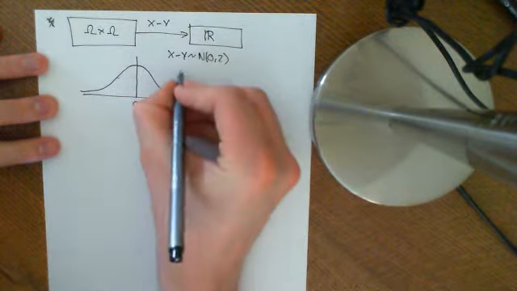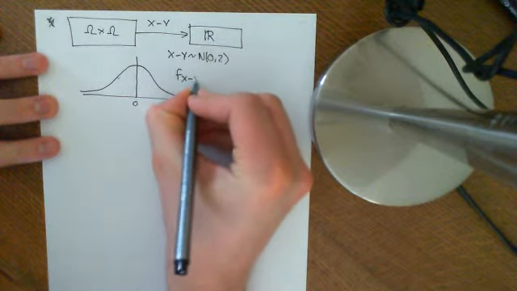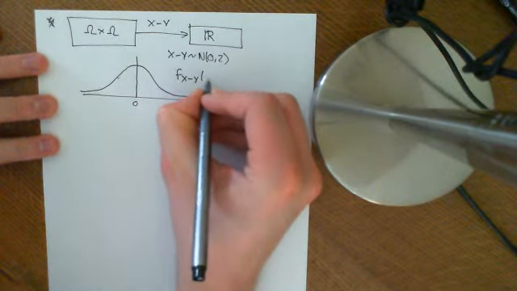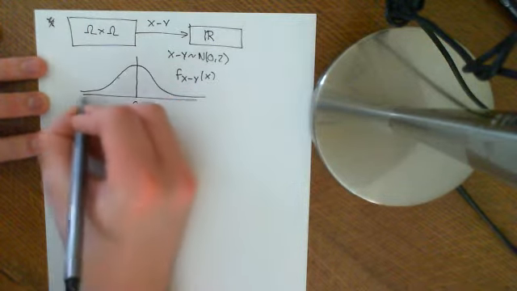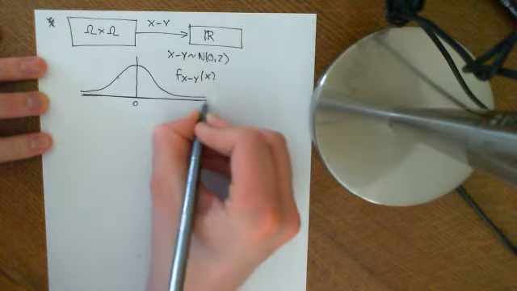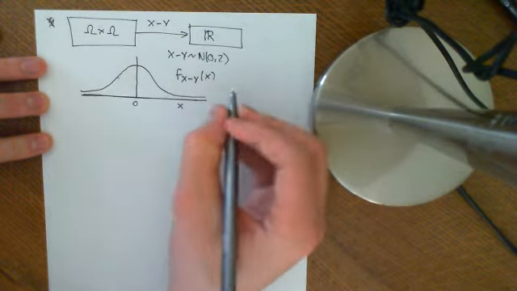And if we want to write out the PDF, f of X minus Y, as a function of, let's say, what variable should I say? We'll just use little x, but don't read anything into that. I'm just calling this real number variable little x.